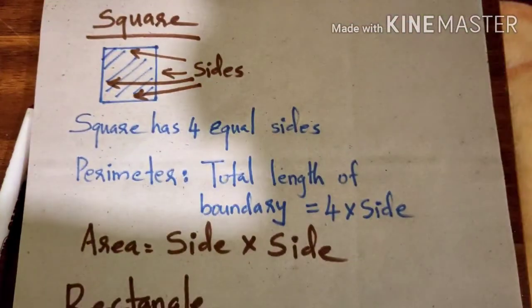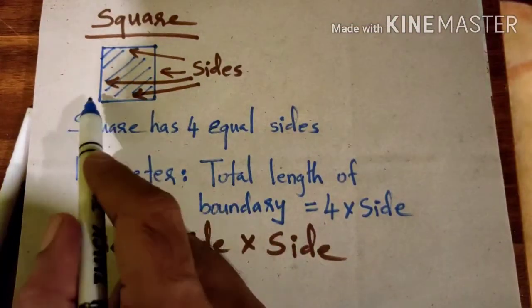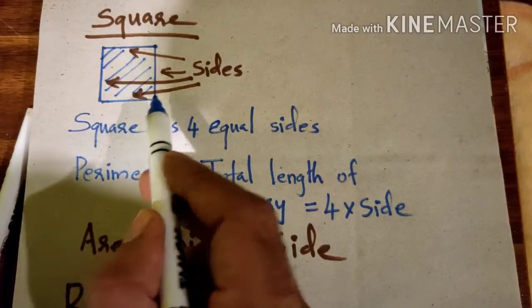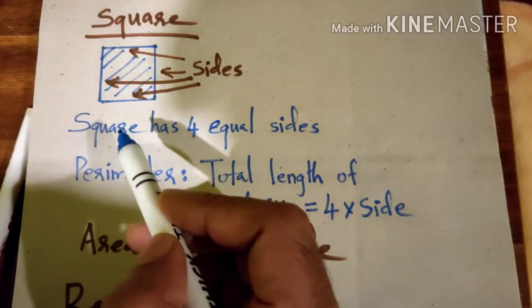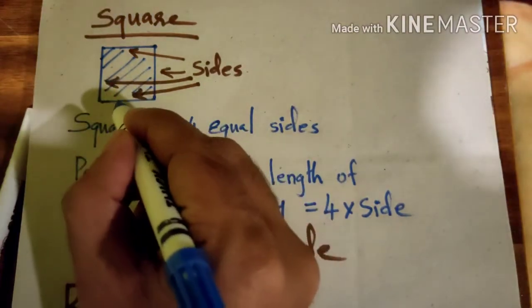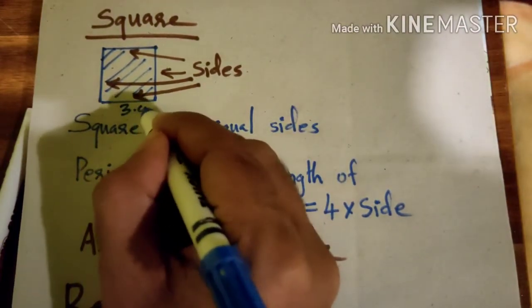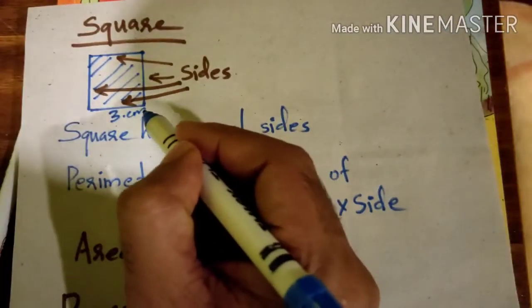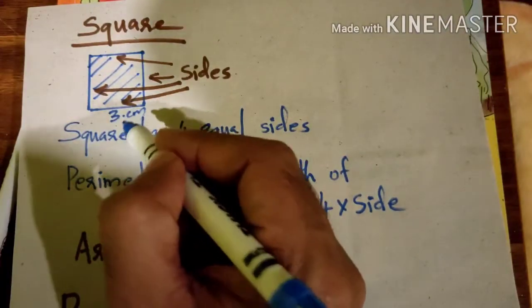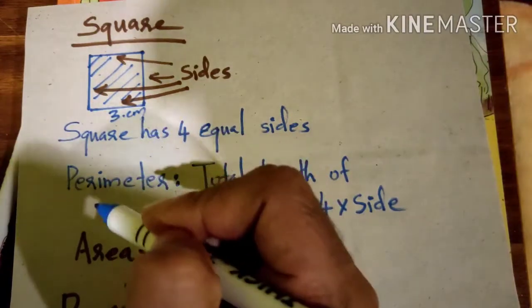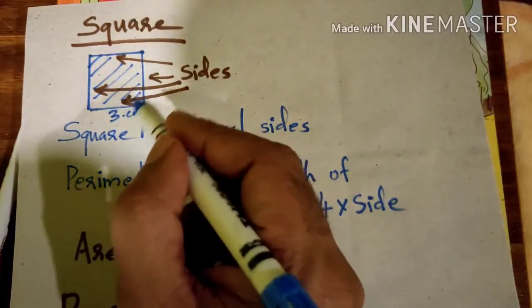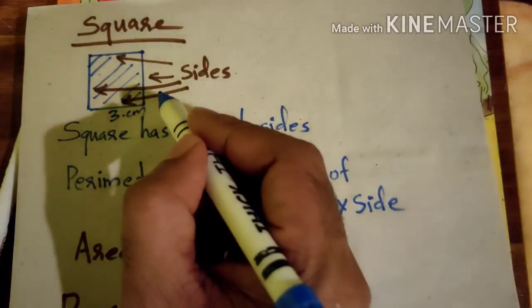To get area, we multiply one side with the other side. Actually, the 4 sides are equal. So, if one side is 3 centimeter, we multiply 3 with 3. So, 9 centimeter square will be the area of this particular square.